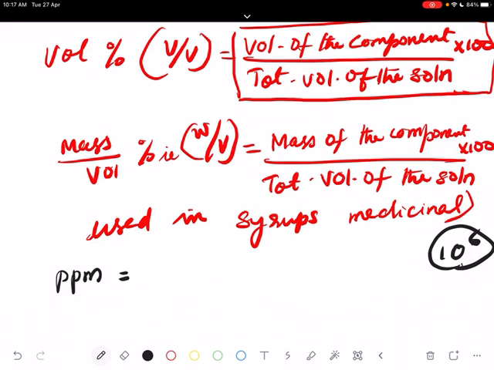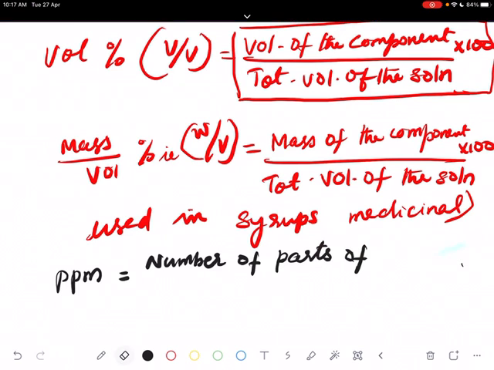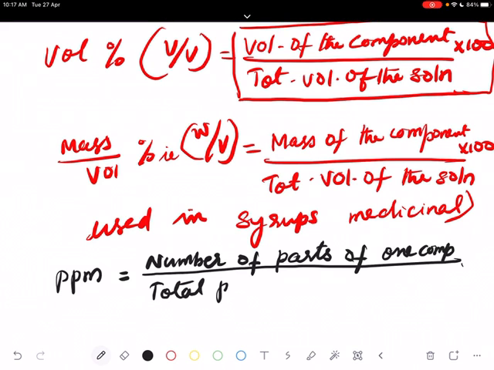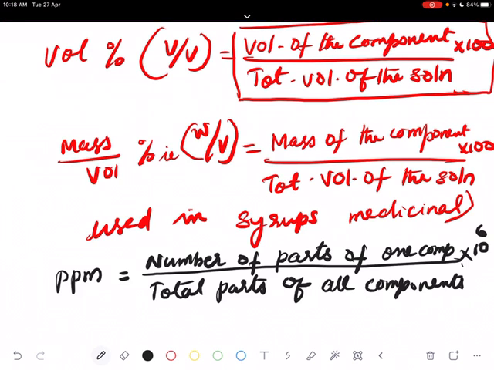So parts per million, we are showing number of parts of one component. Number of means how many parts are present. Number of parts of one component divided by total parts of all components into 10 to the power 6.